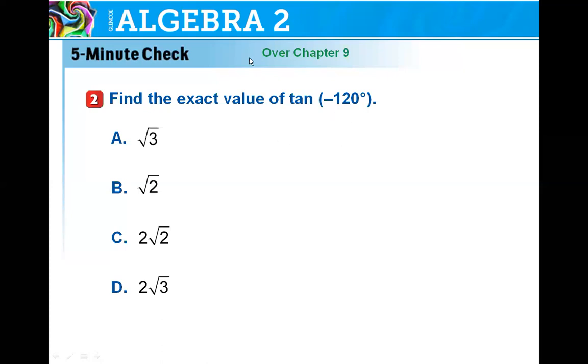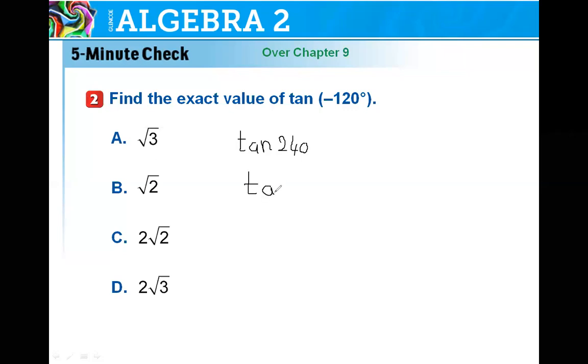So it becomes tan after adding 360: negative 120 plus 360 equals 240. So tan 240, using the calculator, gives root 3. This means tan 60.